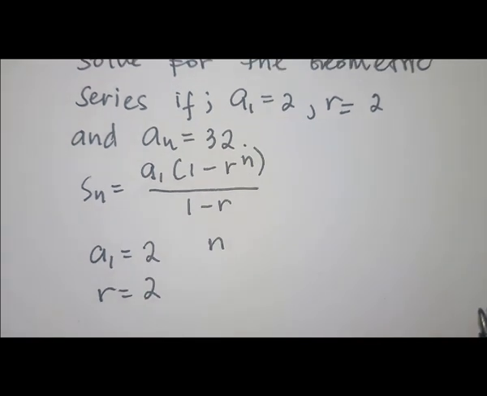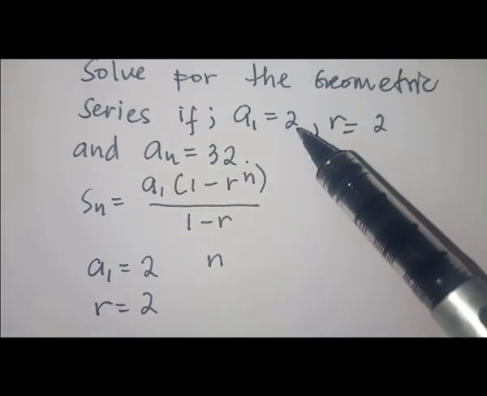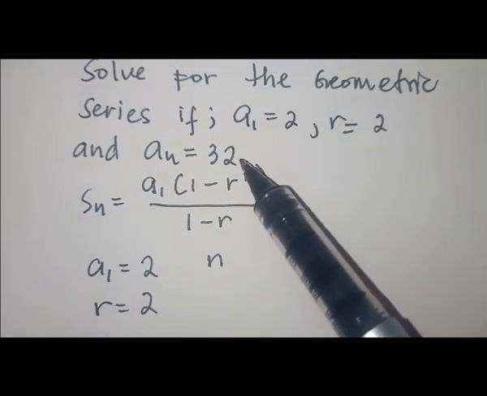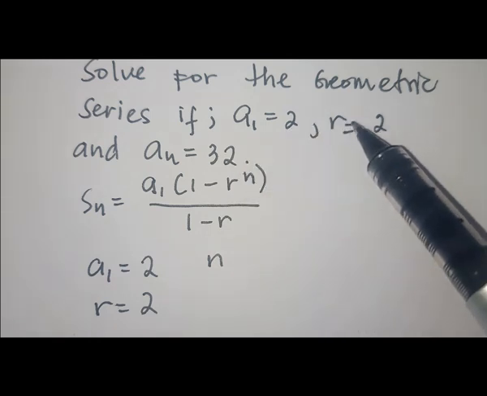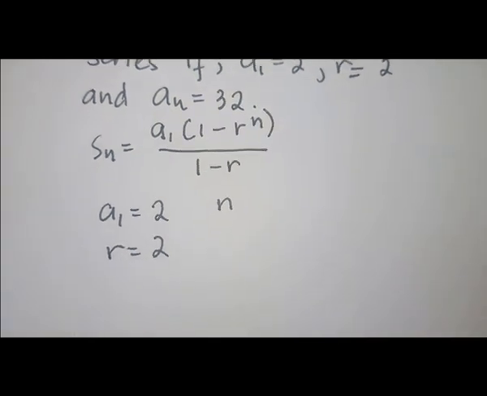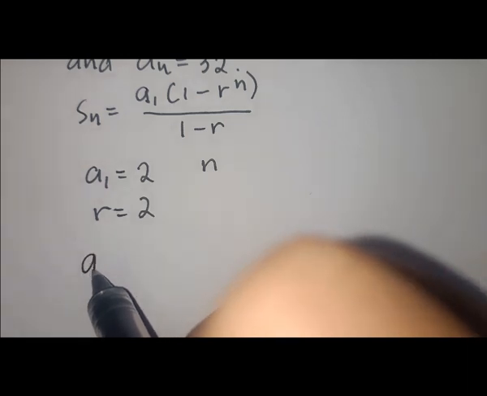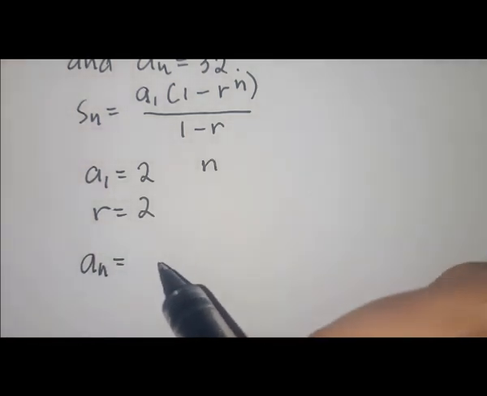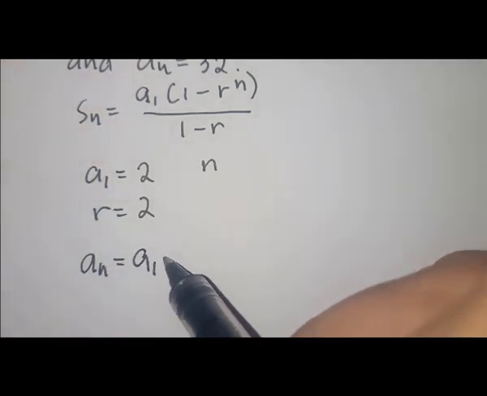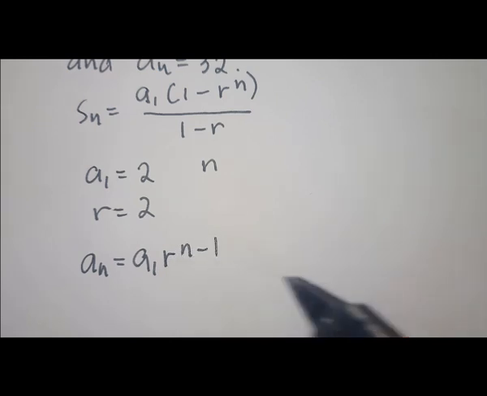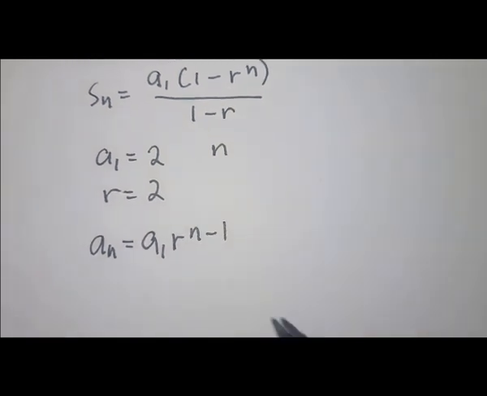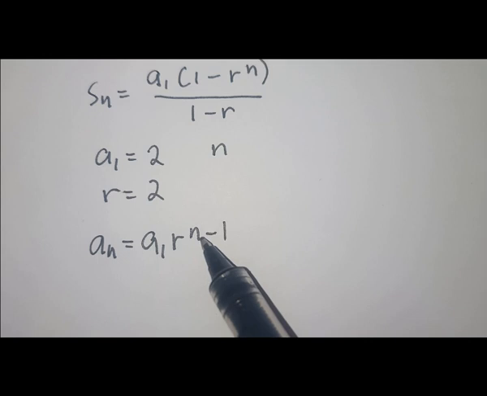Okay. When you encounter this kind of problem where the first term and the last term are given, you need to solve first for n. Let us first use the formula for the geometric sequence, which is a sub n is equal to a sub 1 times r raised to n minus 1. We will do this to get the value of n.